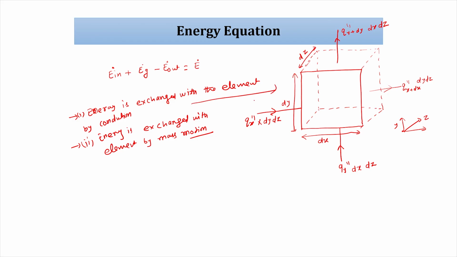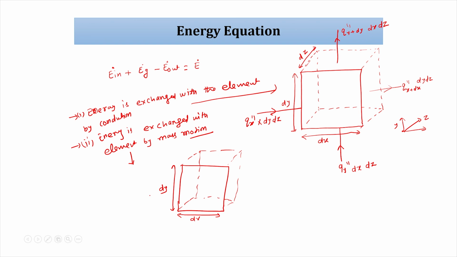For mass motion, we make a similar kind of 2D figure, and we can understand in 3D. So, this is dx, this thickness is dy, and this thickness is dz.